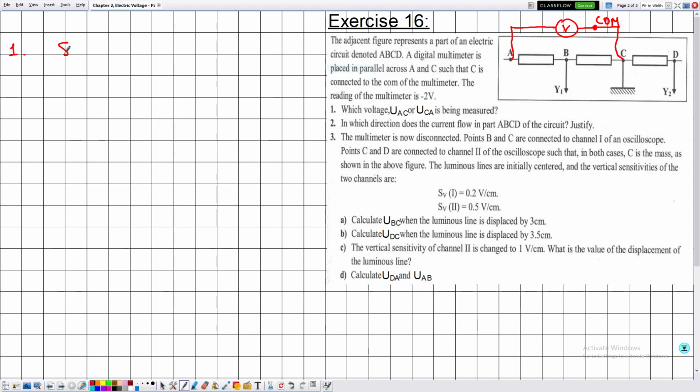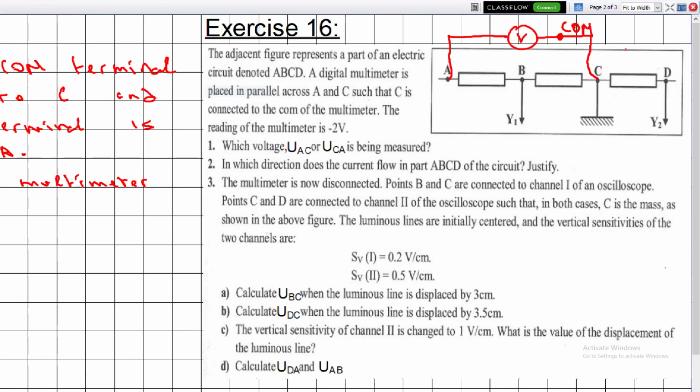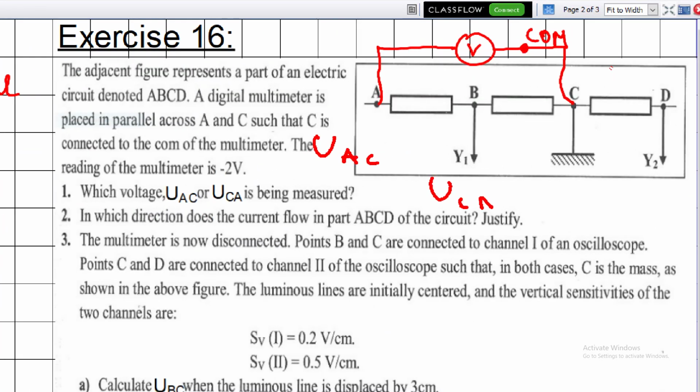So since the COM terminal is connected to C, and the other terminal is connected to A, then the multimeter measures either UAC or UCA, but always the COM terminal is related to the second letter, so in this case it measures UAC.